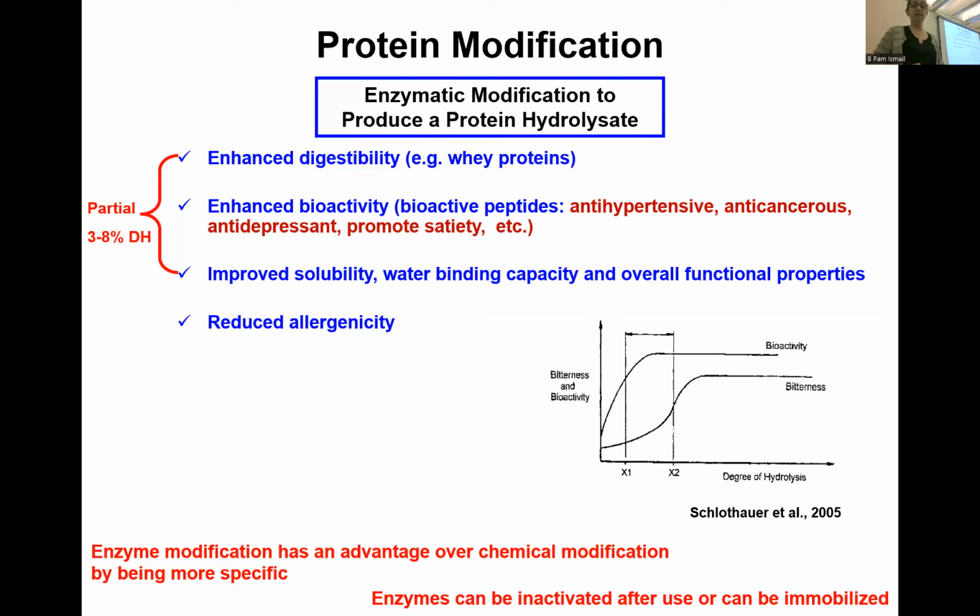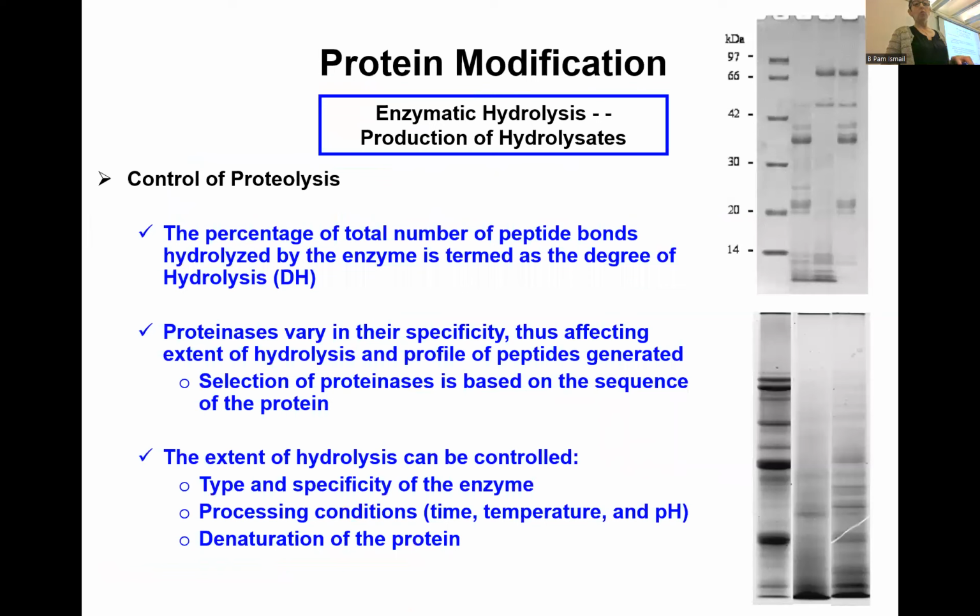So in general, enzymatic modification is favored over chemical modification. So enzymatic hydrolysis should be controlled. And normally the way we control it is not only by the choice of the enzyme, but also by the degree of hydrolysis, and also by the source of the protein.